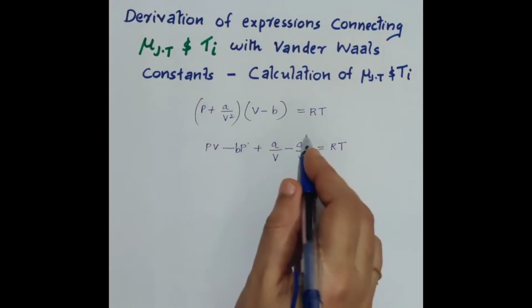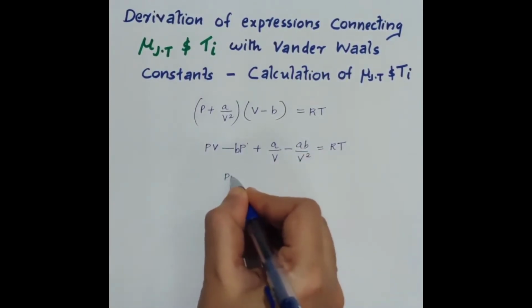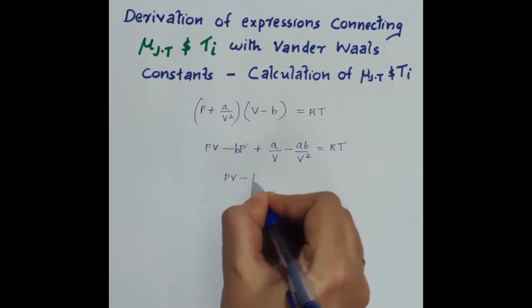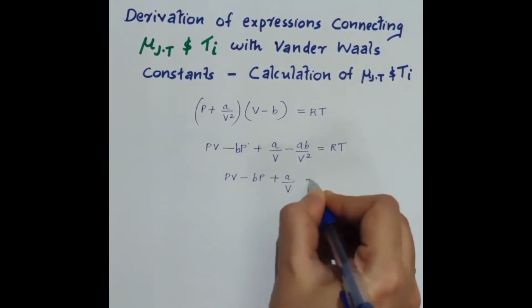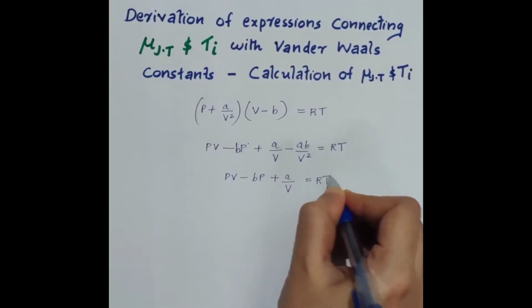Hence we neglect this term and write PV − bP + a/V = RT.